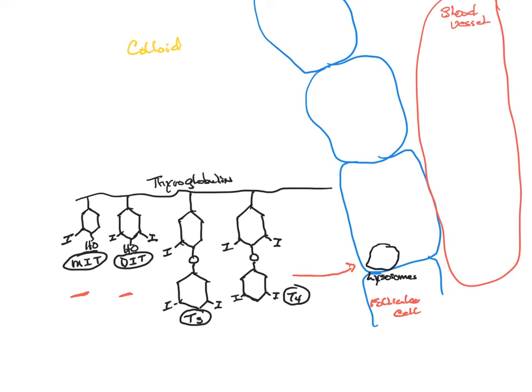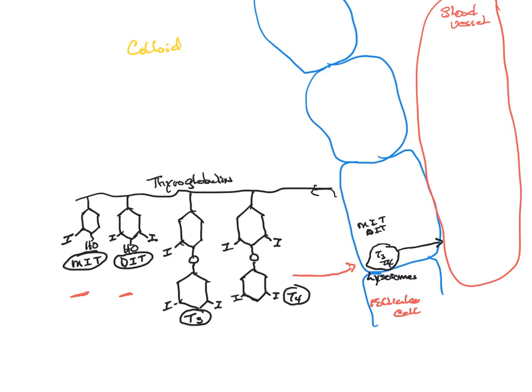These lysosomes then will take this in and they'll break off and separate T3 and T4 and transport it into the bloodstream. The MIT and DIT are then reabsorbed and put back into the colloid.